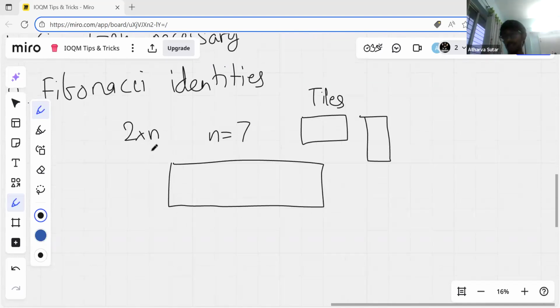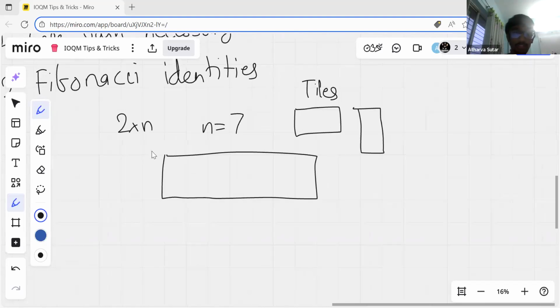Yeah, exactly. What you want to do is consider this cell specifically. Assume the tile covering this cell is a vertical tile. Then the remaining grid is a 2 times 6 grid.